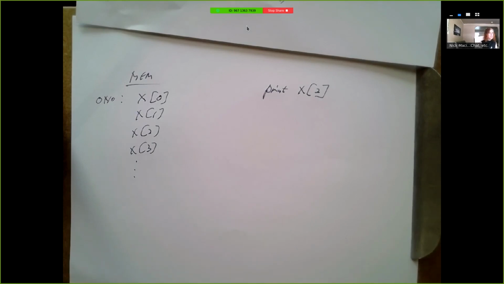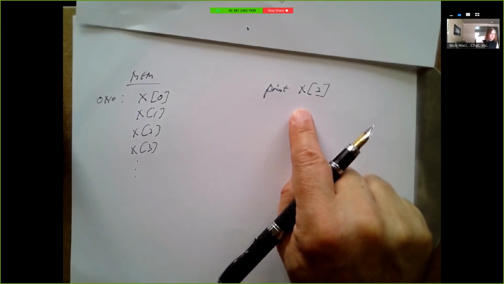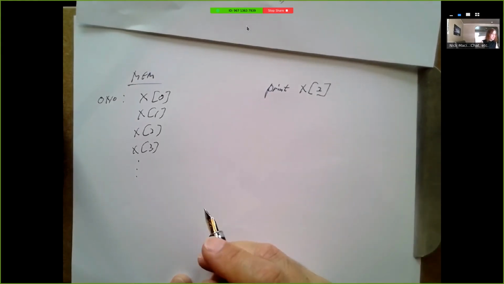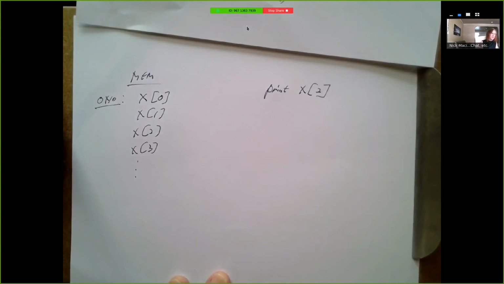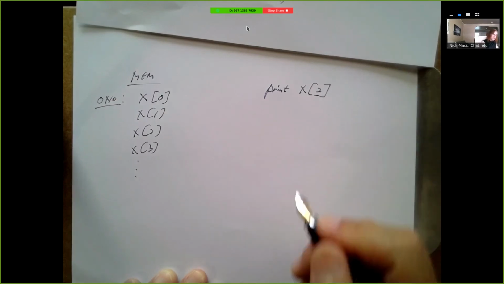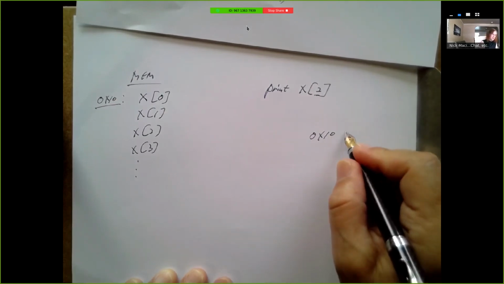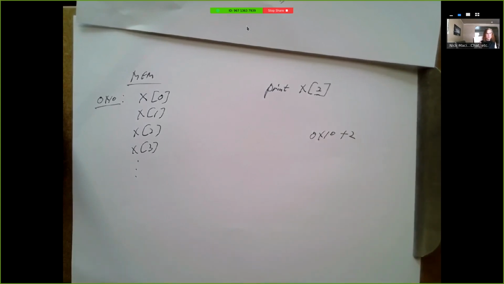Well, how does the CPU find this element of this array? Really simply, first it has to know where the array X begins in memory. Well, that's been compiled into your executable program. It knows that X starts at location 10, and since you want element 2, it should find the element at the starting address of X plus 2, and pick off whatever's at that location.